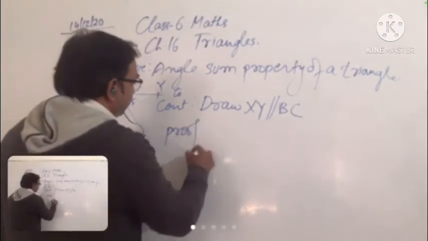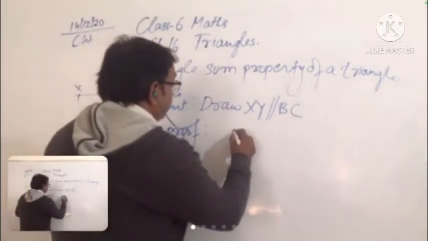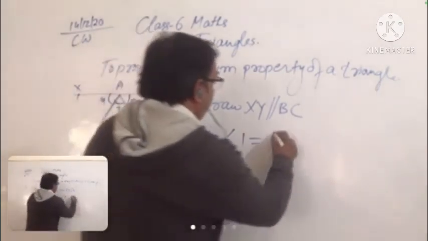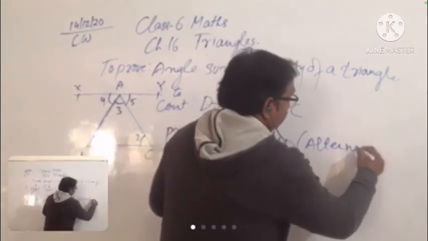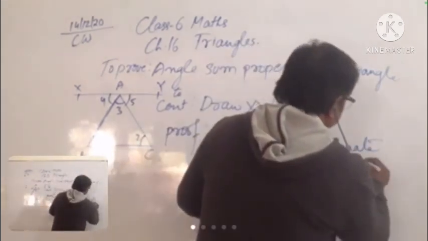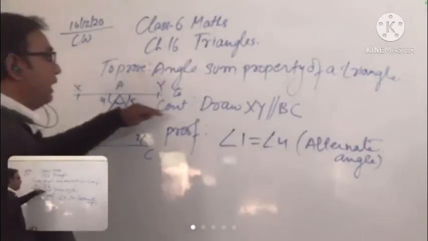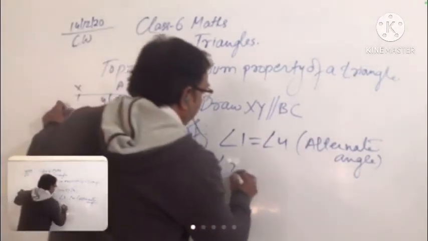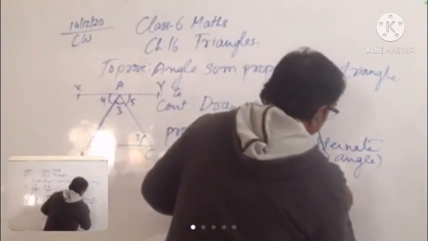Now the proof starts. As we constructed the two lines parallel, XY is parallel to BC, so angle 1 is equal to angle 4. The reason for equality is that they are alternate angles, and the same with angle 2 equal to angle 5.